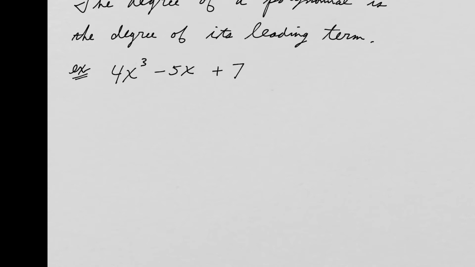Well, the leading term is 4x cubed. So that degree is 3, right? Because the cube, the exponent is a 3. So this as a whole, that polynomial is a third degree polynomial. We only have to look at the degree of the leading term, right, to figure out the degree of the polynomial.